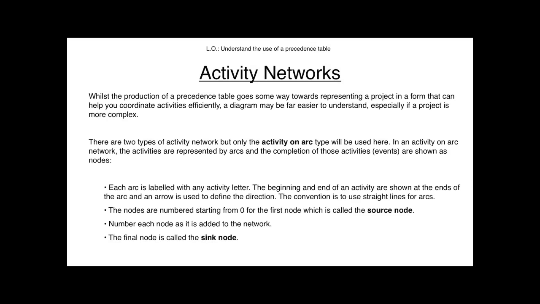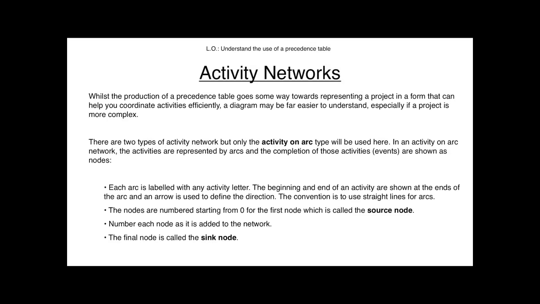So in order to improve the visual representation of the different moving parts in a project and the different dependencies, we're going to use something called an activity on arc diagram. There's other ways to do it, but this is the one that the book uses, and this is what we're going to stick with.